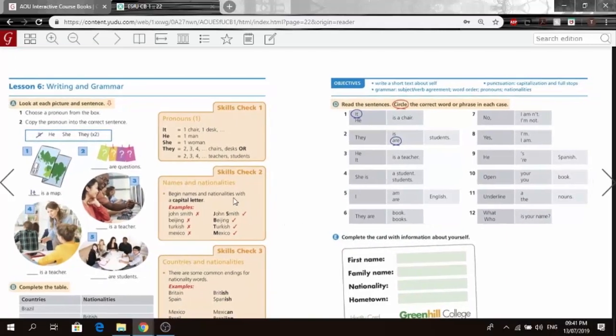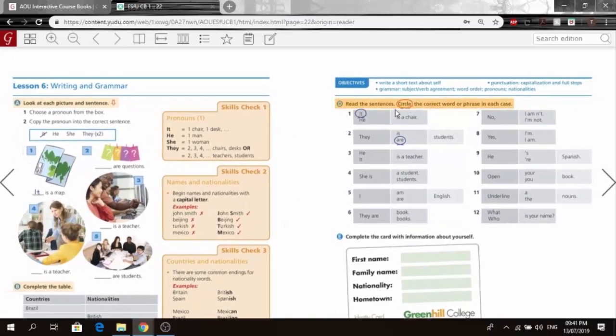So now moving on, number D, read the sentences. Circle the correct word or phrase in each case. Number 1 is he is a chair. Obviously, a chair is an object, so we can't use he. We use he for male human beings, so it is a chair, okay?